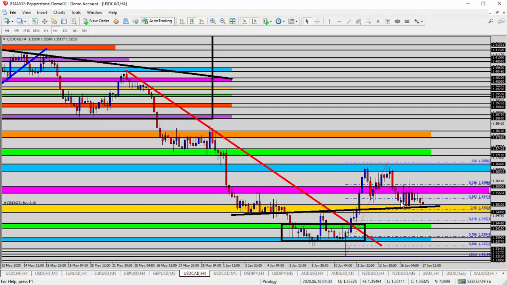If this becomes an inverted head and shoulders, we're looking at this area as the right shoulder. Interesting how it bottoms out on the left-hand side, then we see one little spike in the middle, where the black trend line is, and then here we are again. I'm looking at that yellow zone as the potential support, right around 1.35.